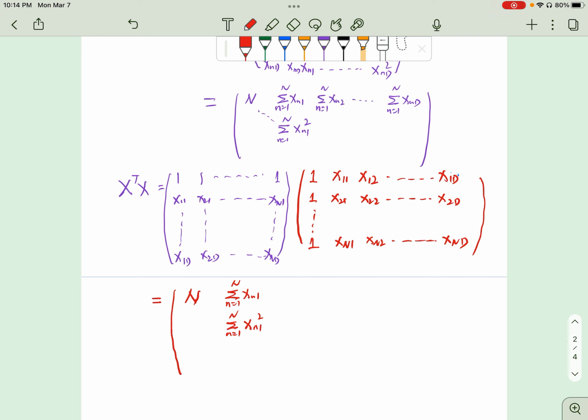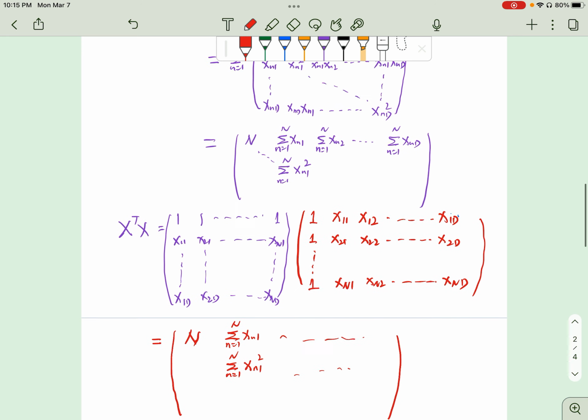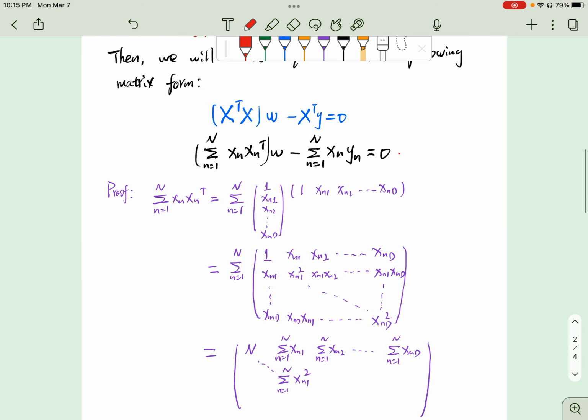You will get this term. So you can find this term is exactly the same as this one. Okay, so for other terms you can prove yourself, and it would be beneficial for your understanding. So I have proved that they are equal to each other.